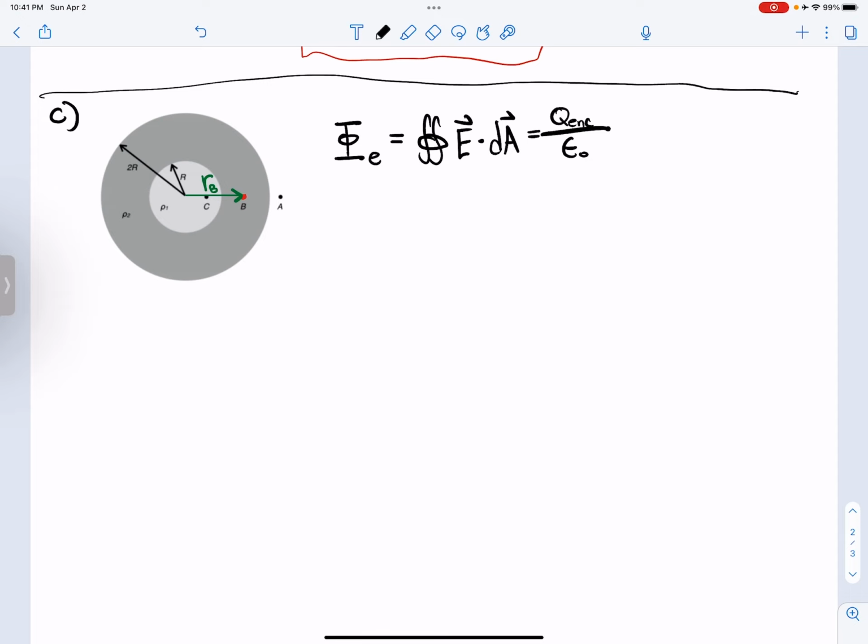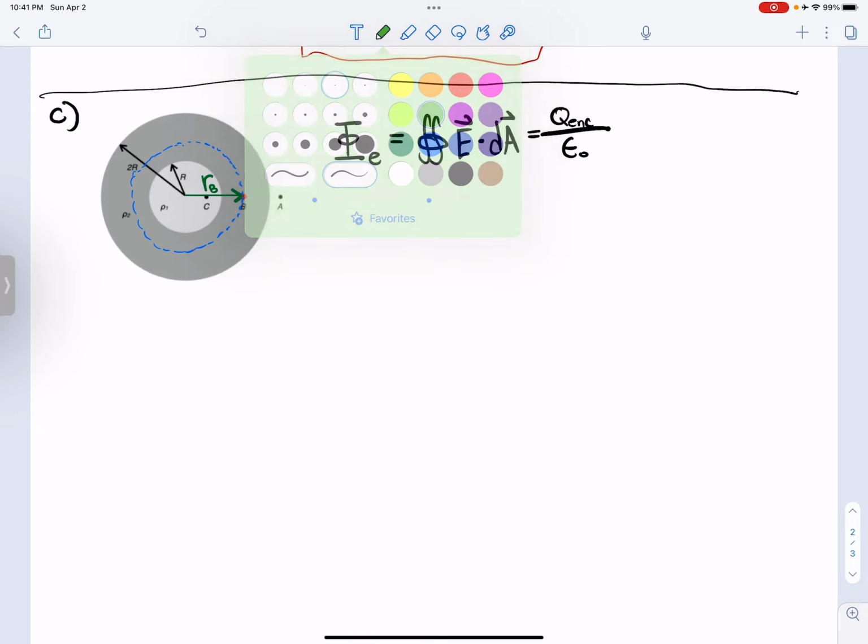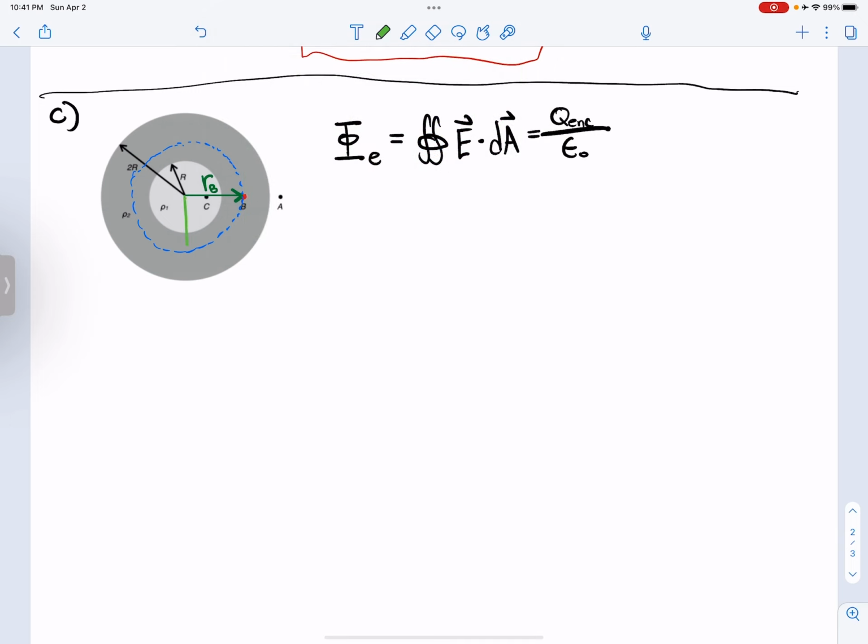Okay. So I'm gonna put a Gaussian surface right here, also a sphere, right? And my Gaussian surface is going to have a radius of RB right there. Okay, that's going to be my Gaussian surface's radius.